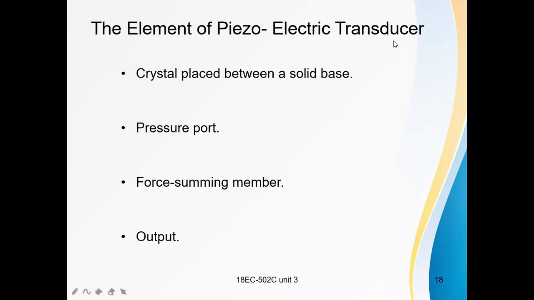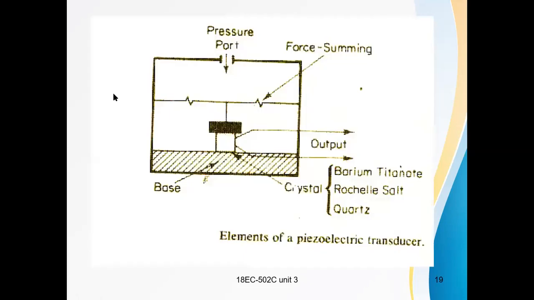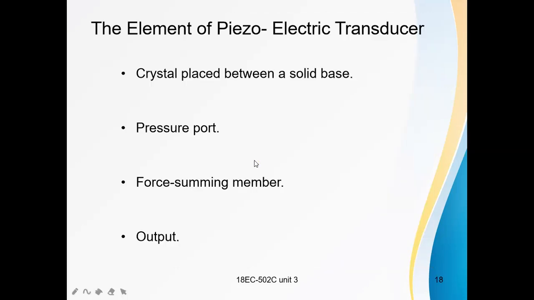This piezoelectric transducer is mainly based on the principle of the piezoelectric effect that we already know. This is the piezoelectric crystal with two leads, and this is the solid base. What is the first point? Crystal placed between a solid base.